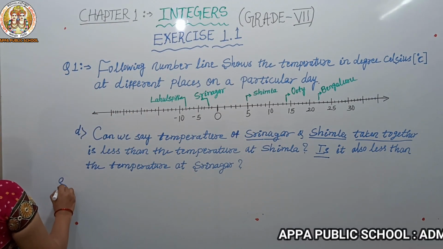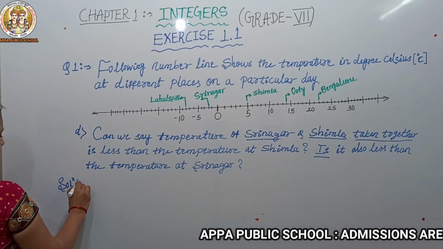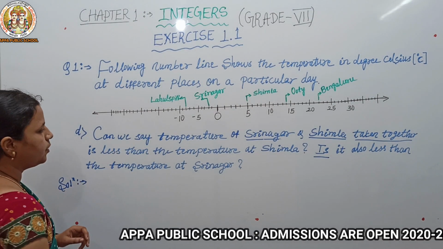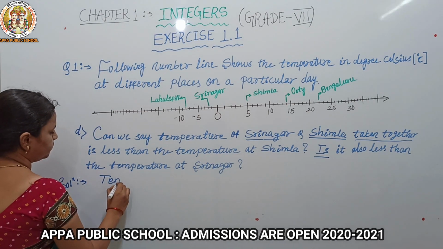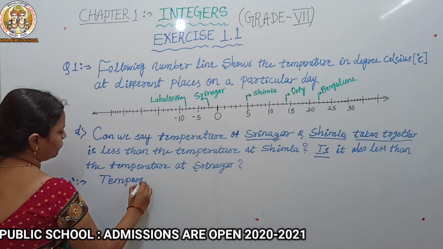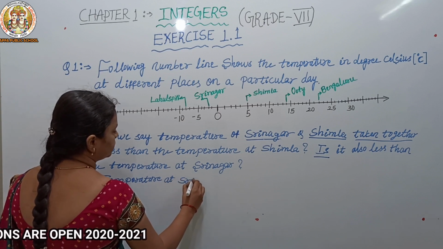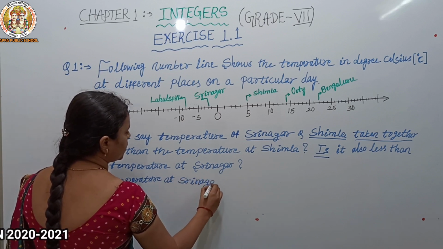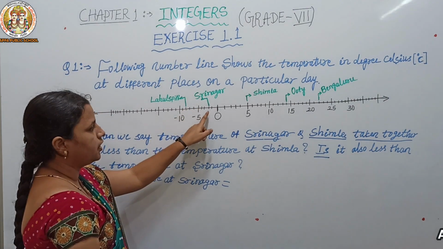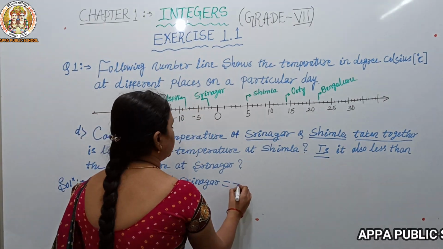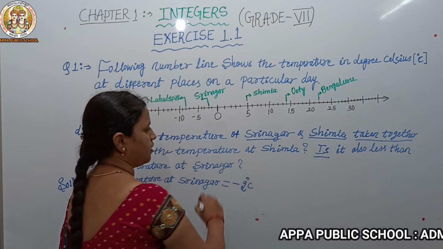First you write down the solution. Temperature at Srinagar. What is the temperature at Srinagar? Srinagar is at a temperature of -2 degrees Celsius.